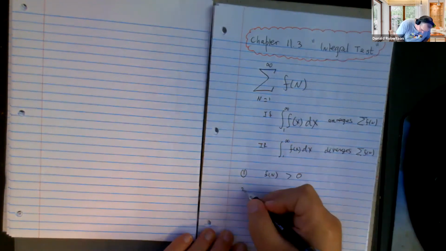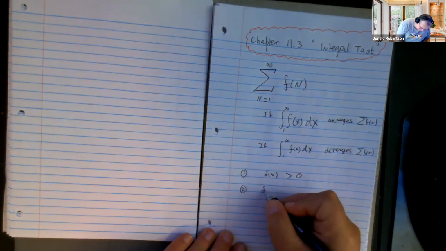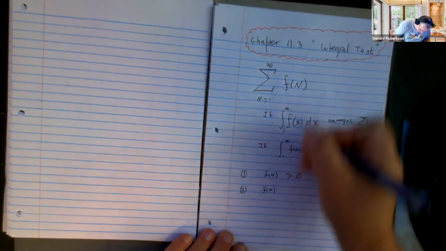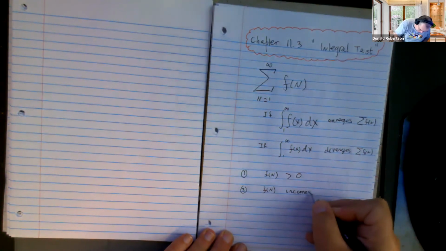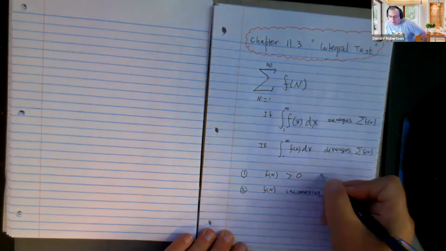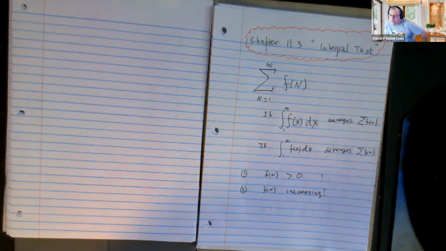And the second thing is that the formula for n has to be increasing. I am, for the most part, not going to do those two steps. They just take up a lot of time, and I want to get to the third step, which is testing if it converges or not.